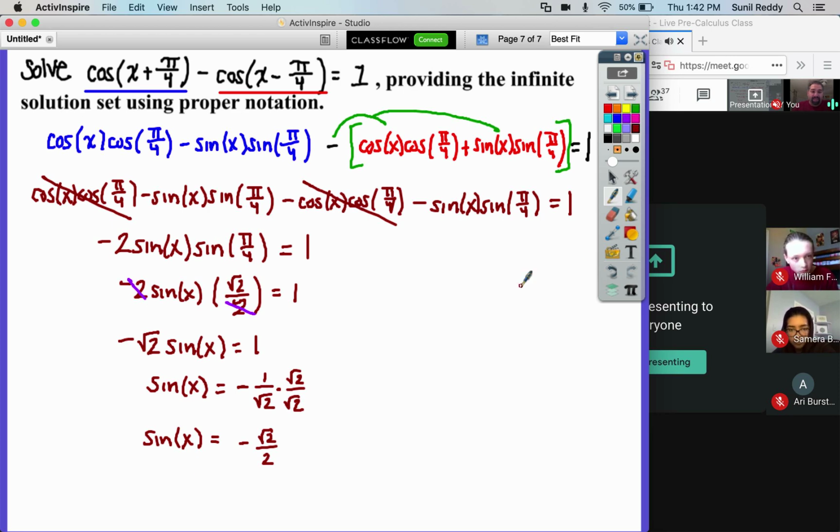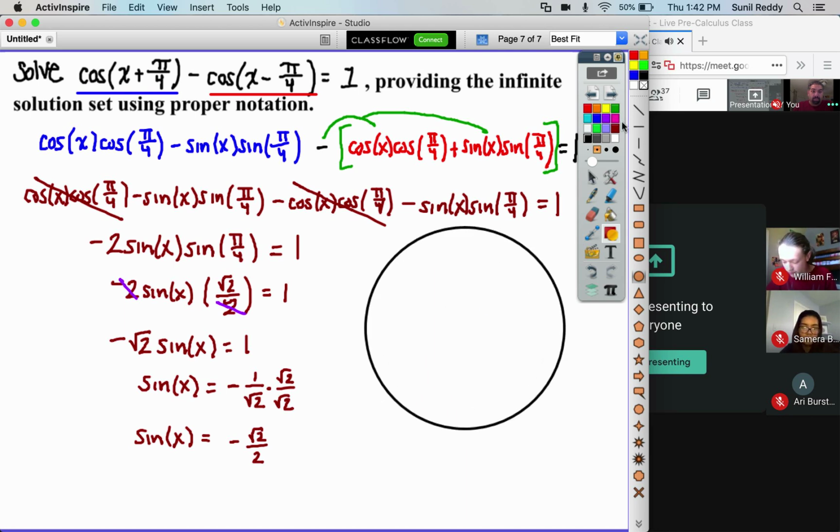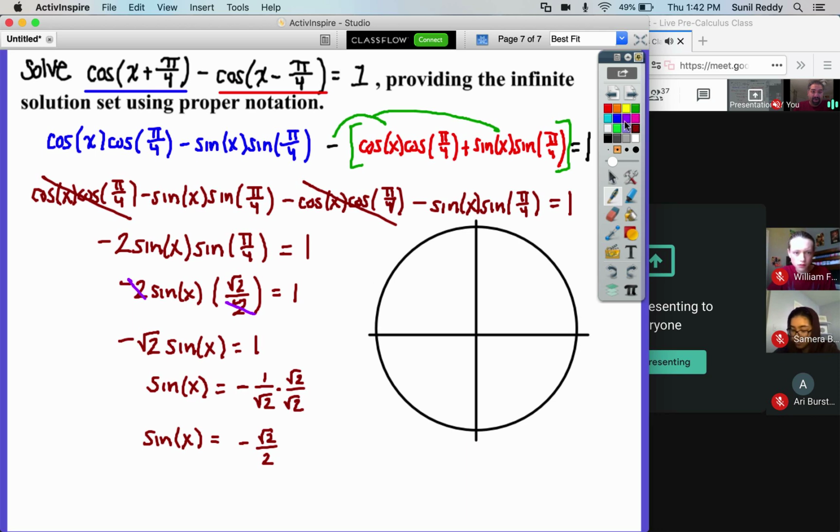And then remember, at this stage, you could take inverse sine of both sides, or you could just think about your circle. On my circle, I want places where my sine value is negative, so I know I'd be in quadrants 3 and 4. And in order to get root 2 over 2, I'd need our 45-degree angles. So I would need to be in the middle of each of those quadrants.